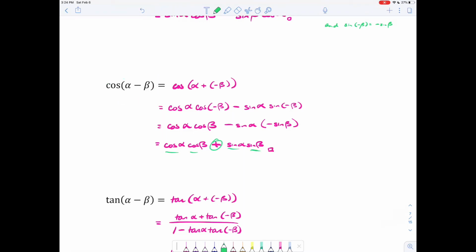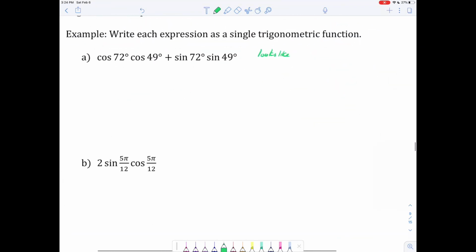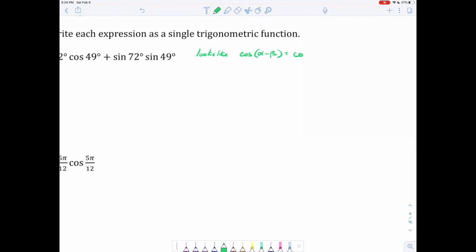So we're talking about cos of alpha minus beta here. So this looks like cos of alpha minus beta, which is equal to cos alpha cos beta plus sine alpha sine beta.